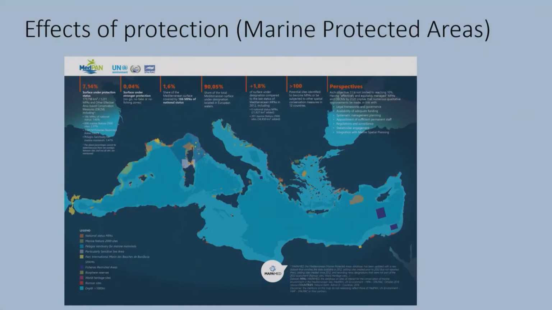Then these essential fish habitats need to be protected. They need to be protected through marine protected areas. Here I show you, for example, the network of marine protected areas in the Mediterranean.